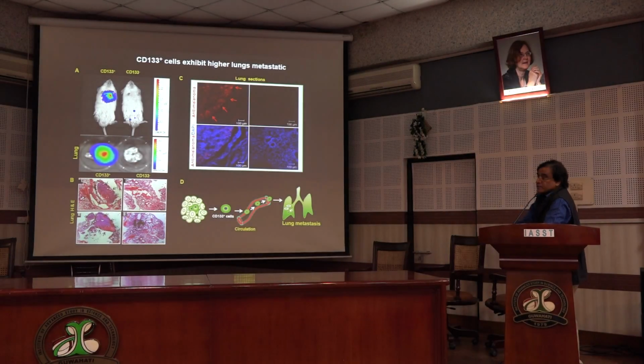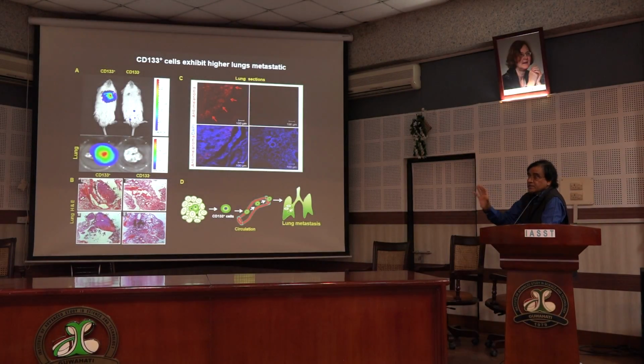Now, if these are melanoma-specific cancer stem cells, and you know melanoma patients die because of lung metastasis. So here he has injected CD133 positive cancer stem cells as well as negative cells through the tail vein.